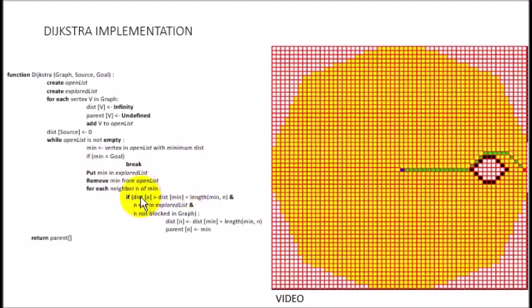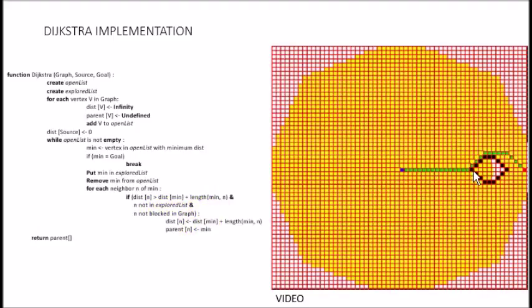And there is one condition for updating the neighbors of the found minimum node. If any neighbor was suboptimally calculated in a previous iteration, then it would be updated here. It would not be updated if that cell is blocked.